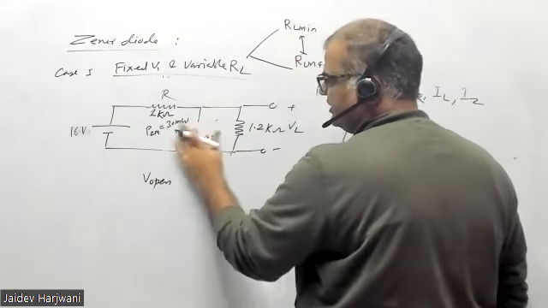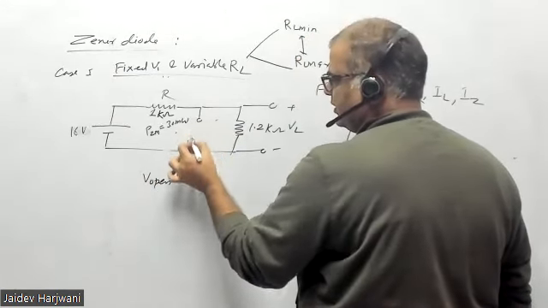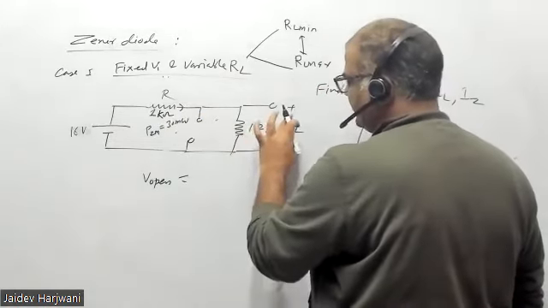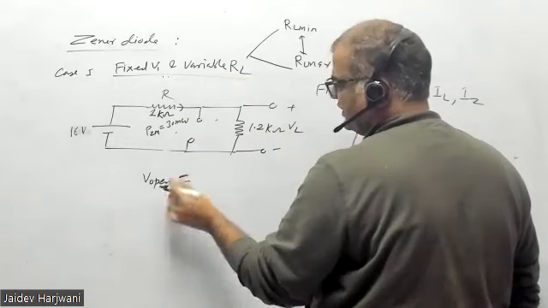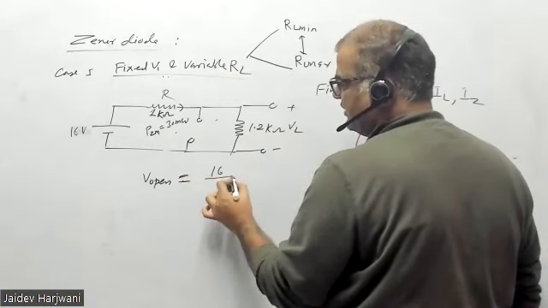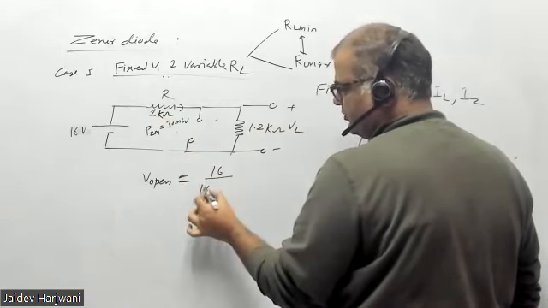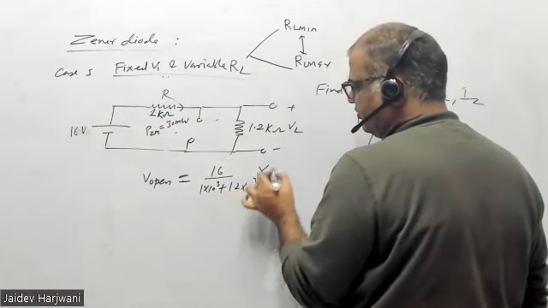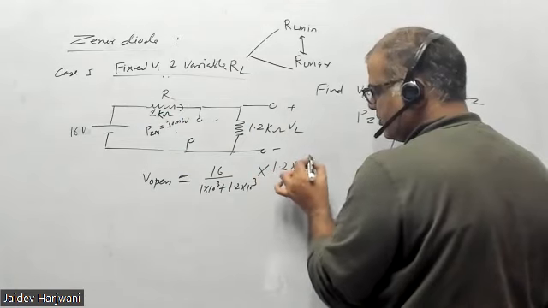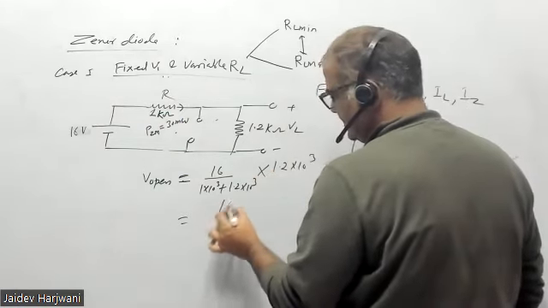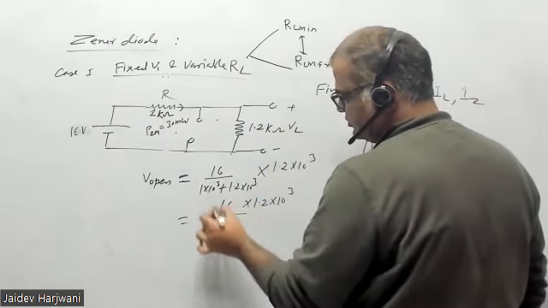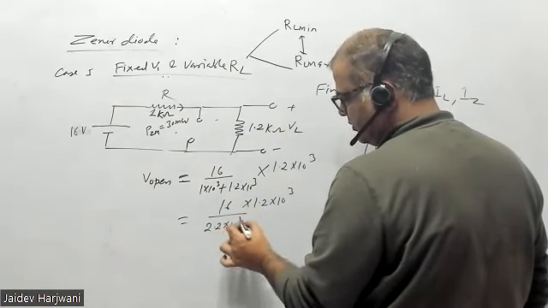If you make it open, no current will flow here. Whatever current is coming comes directly here. So you have to find what is the voltage here. So V open will be 16 divided by 1 kilo ohm plus 1.2 kilo ohm, into 1.2 kilo ohm. This becomes 16 into 1.2 kilo ohm divided by 2.2 kilo ohm.